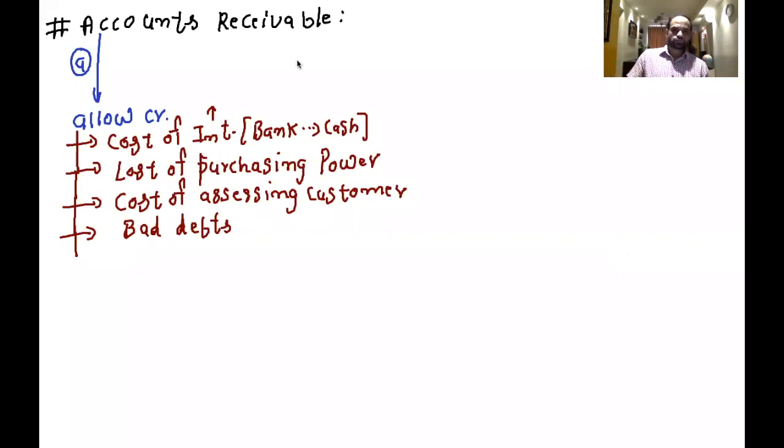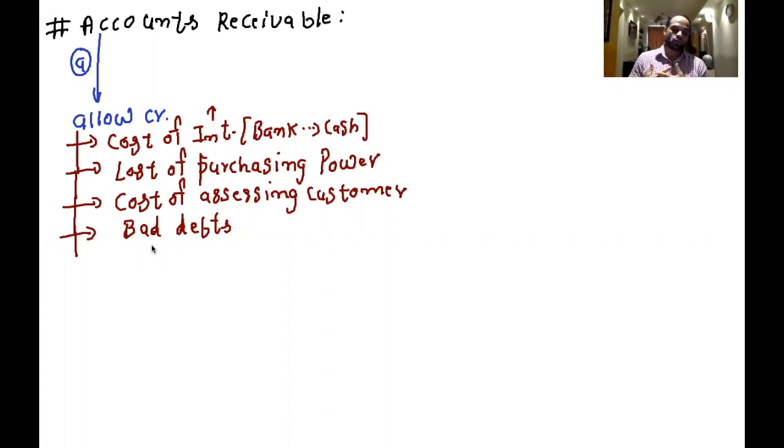So if you are allowing too much credit, there is a possibility of increasing bad debts, right? There is a possibility of high bad debts if you are selling more on credit, because the probability that your bad debts ratio will be high, all right? So that's another problem. Right?